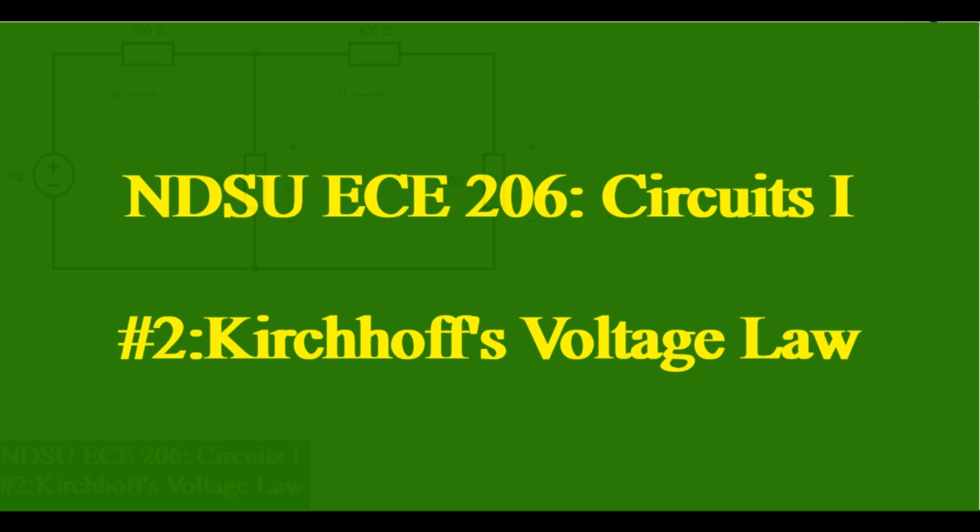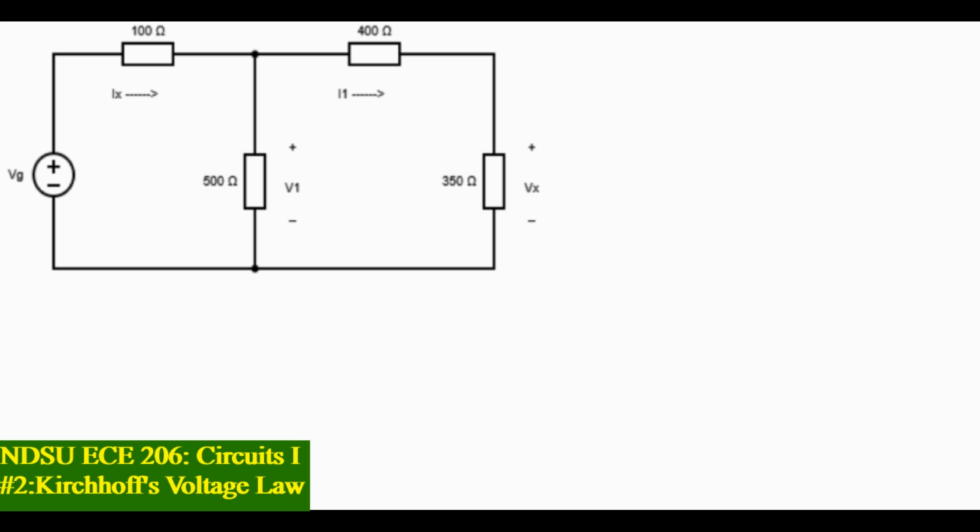This episode we're going to focus on KVL, or Kirchhoff's voltage law, and we're going to solve this circuit right here. As we can see, we have a voltage source, current through a 100 ohm resistor Ix, the voltage across a 500 ohm resistor V1, current through a 400 ohm resistor I1, and a voltage across a 350 ohm resistor Vx.